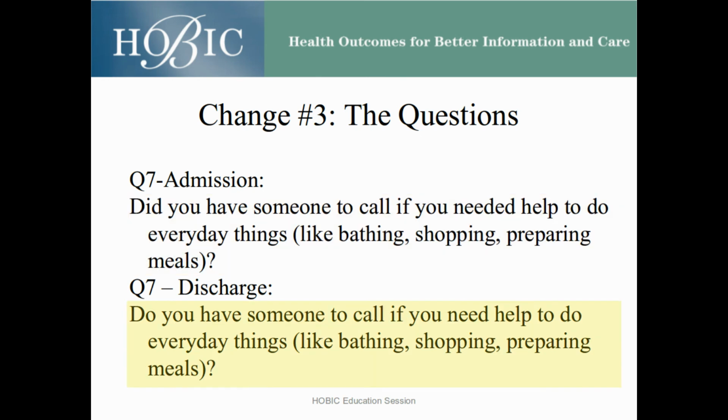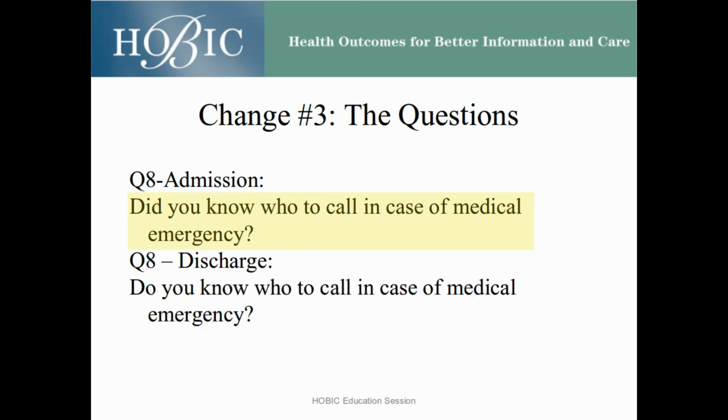Question 7 on discharge asks, "Do you have someone to call if you need help to do everyday things like bathing, shopping, preparing meals?" And finally, question 8 on admission asks, "Did you know who to call in case of medical emergency?" And question 8 on discharge asks, "Do you know who to call in case of medical emergency?"